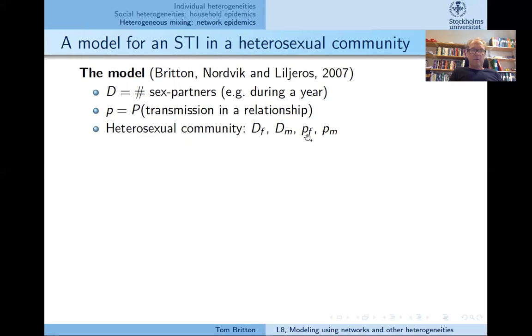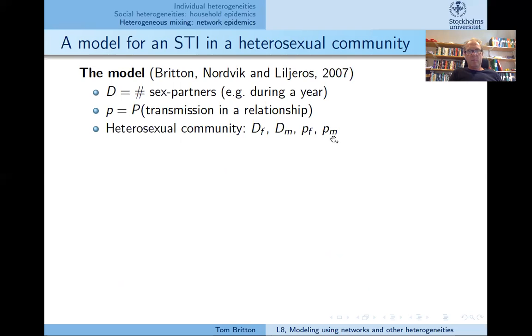And then there is a transmission probability. Maybe I should have used different symbols. Maybe it should say probability F to M and M to F. So let PF symbolize the probability that an infected female transmits to a susceptible male.